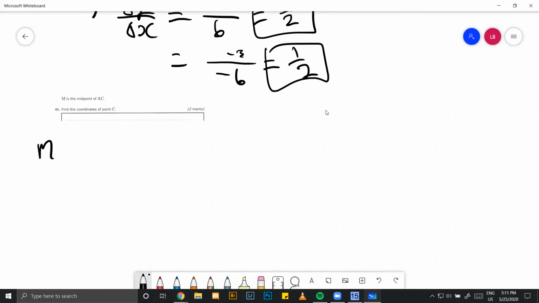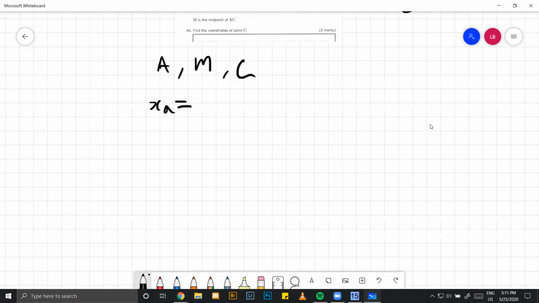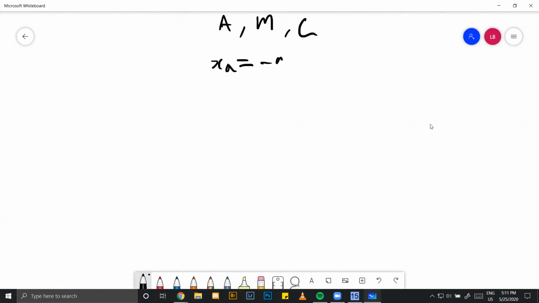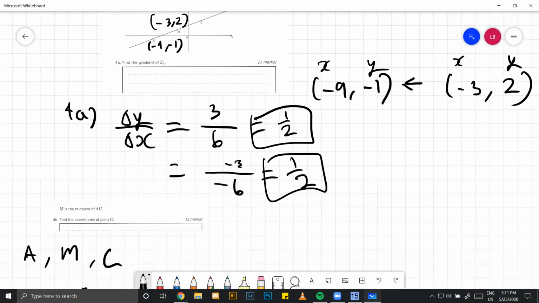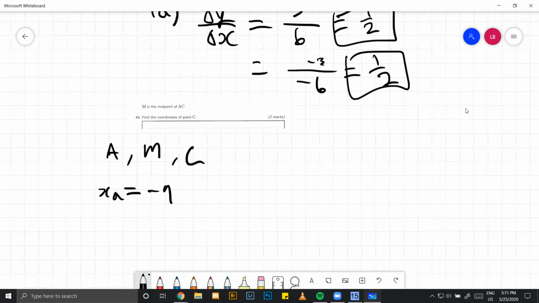So let's think about what we're doing here. M is the midpoint of AC. So we have A, we have M, and we have C. The x coordinate of A is equal to -9. The x coordinate of M is also given to us. It's -3.